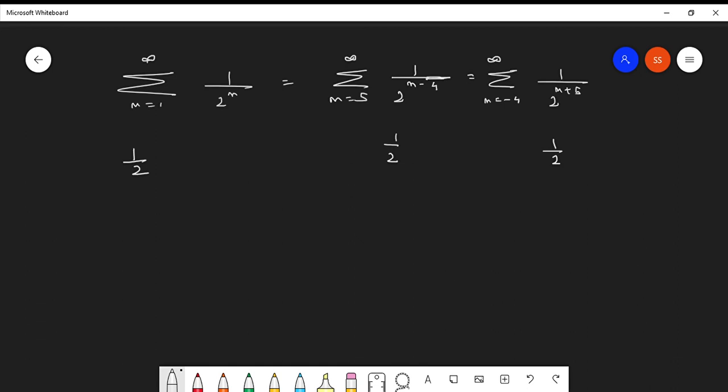Now when do we apply reindexing? There are certain circumstances where you need to apply reindexing to bring a series to some suitable form. You will also find these concepts when solving differential equations having power series solutions, like Legendre's equation and Bessel's equation.